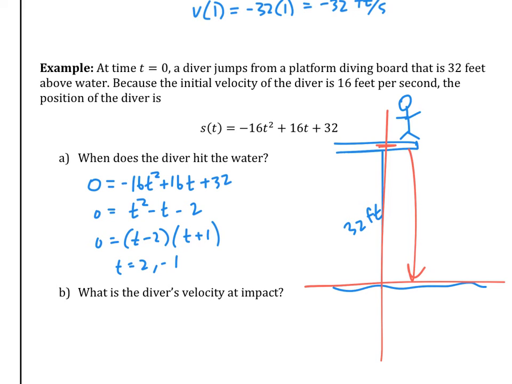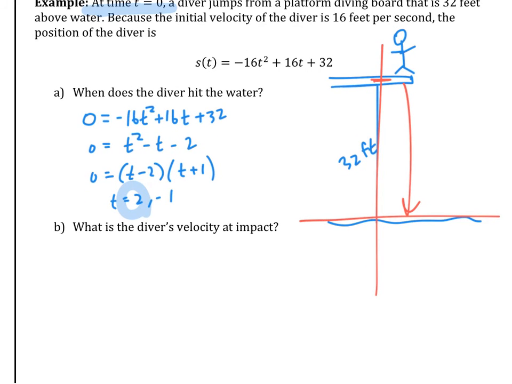Now you ask yourself which one makes sense. Of course, 2. Because when it says at time t, he starts jumping. So you're not saying he was at the ground at negative 1 second. And anyways, it just doesn't really make any sense. You need to go forward, not backwards. So t equals 2. 2 seconds is the answer.